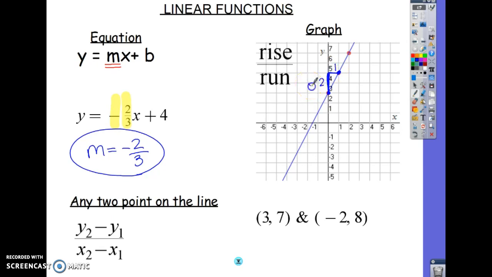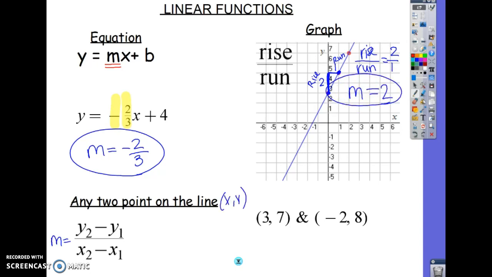Remember, up is our rise, over is our run. So our rise over run is the same as 2 over 1, and 2 over 1 simplifies down to 2. So our slope is 2.